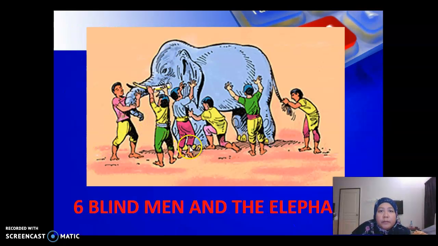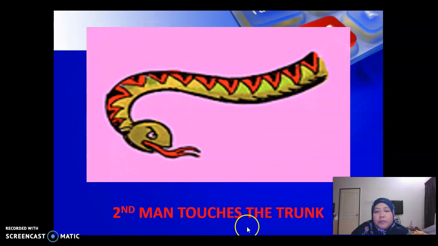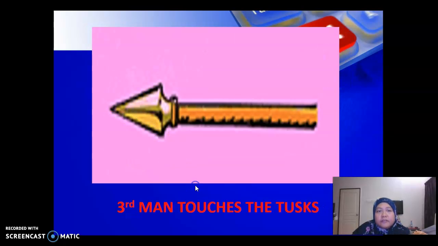Based on this, there is a story about six blind men and the elephant. The first man touched the side and felt it was like a brick. The second man touched the trunk and felt it was like a snake. The third man touched the tusk and felt it was like a spear.